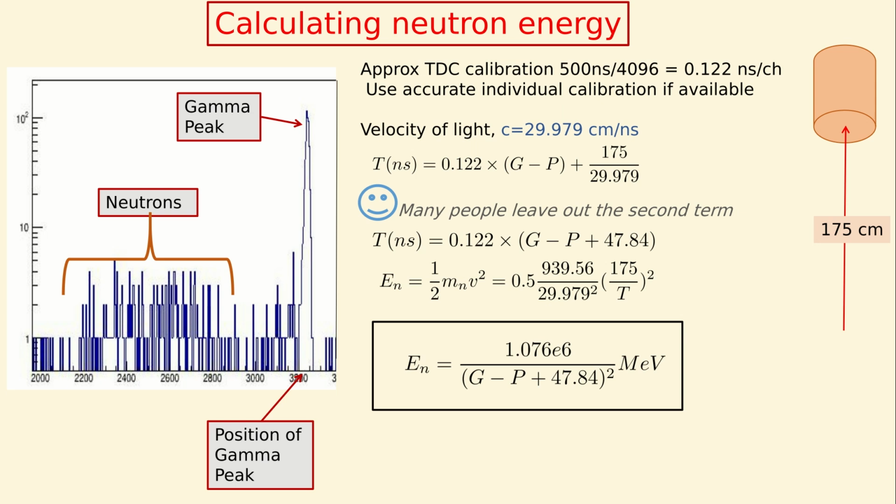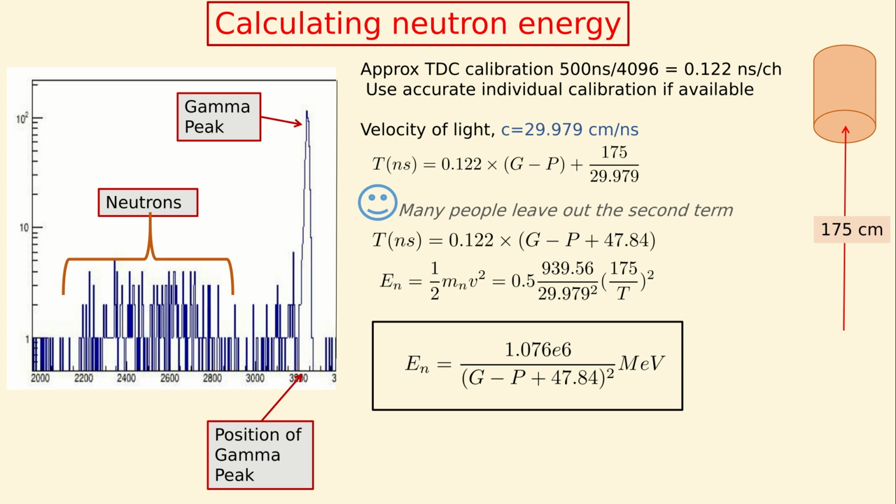So this is the way that you calculate the energy. Energy is going to be, of course, half mv square, and you should take the velocity of light as 29.979 centimeters per nanosecond. To calculate the time of flight of the neutron, you need to take the gamma. The gamma peak position is fixed, and that is available in the file gpos.txt, which we had created in the previous lesson.